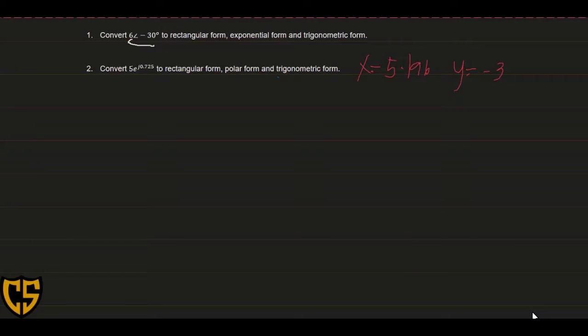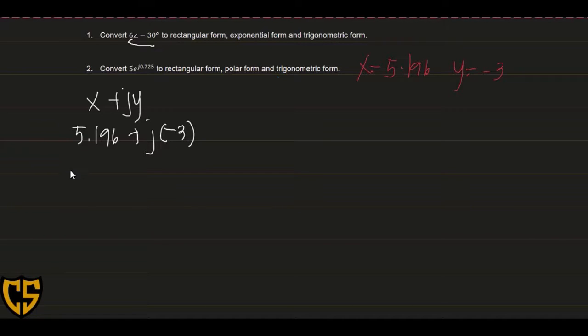So we have, ang general form sa imong rectangular nga form is x plus jy. So substitute lang sa sining value x naton is 5.196 plus j times negative 3.